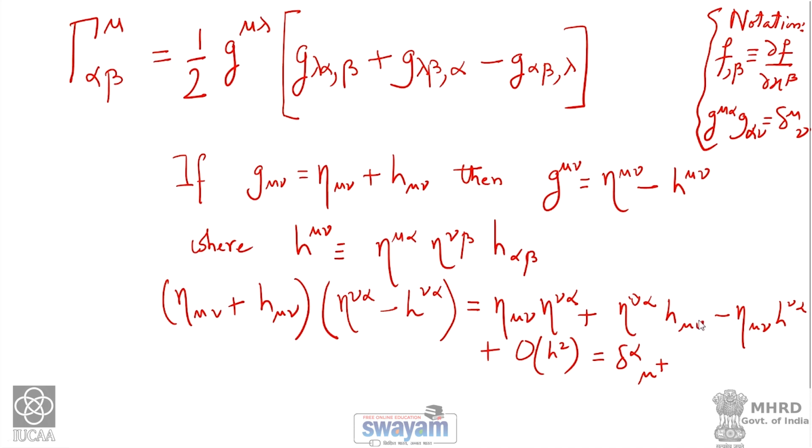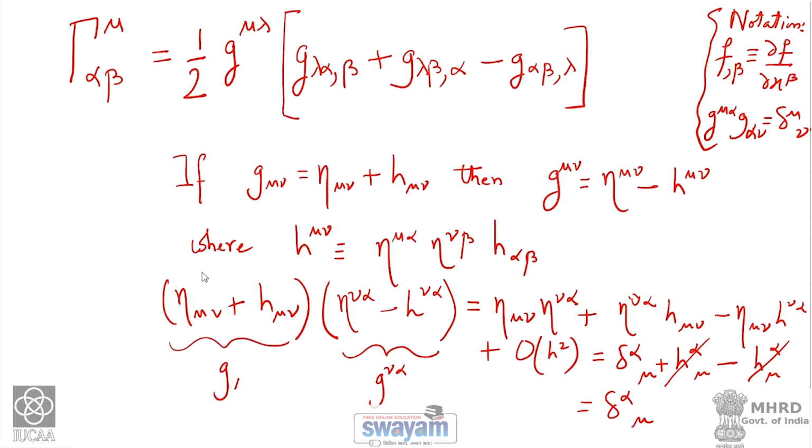So, I will just raise this index. So, I will get h mu nu raised to alpha, and here because nu has come down, again this is h mu alpha, and these two terms cancel. So, that I get delta alpha mu, which proves that indeed this object is G nu alpha, given that this object is G mu nu.